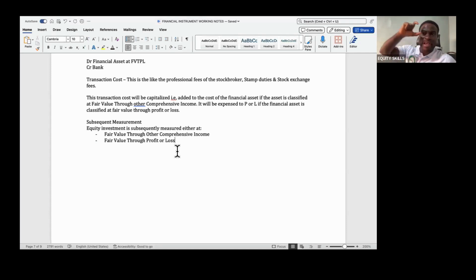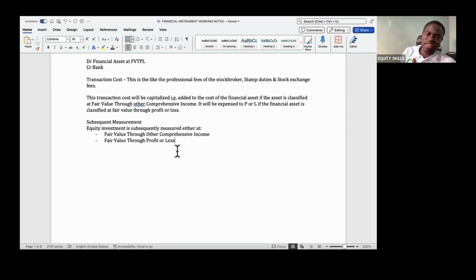But at a very high level, it simply means that when there are changes in fair value, because fair value of shares would keep changing, that change, that gain, you either recognize it to OCI or POL, depending on this measurement basis.